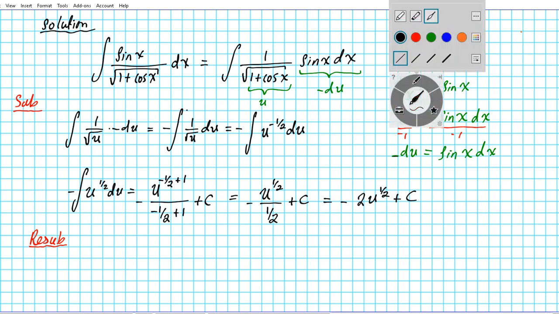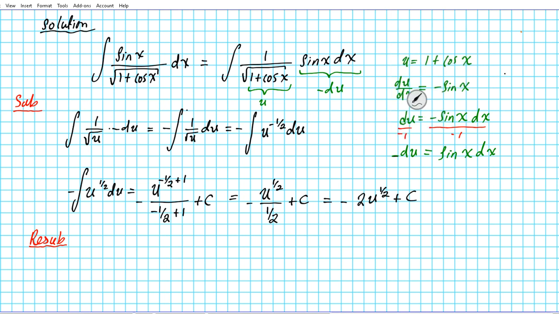Alright, so our initial substitution was, we said let u be 1 plus cosine x. We have now integrated nicely. Now we're going to resubstitute what u is, which is 1 plus cosine x, back into the antiderivative or the integral. Alright, so negative 2 u to the 1/2 plus c becomes negative 2 times 1 plus cosine x raised to the 1/2 plus c.